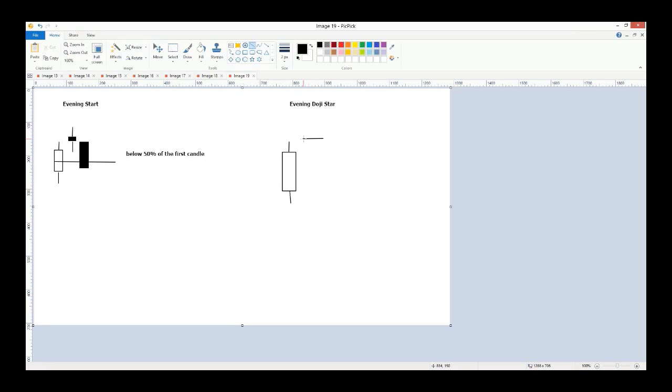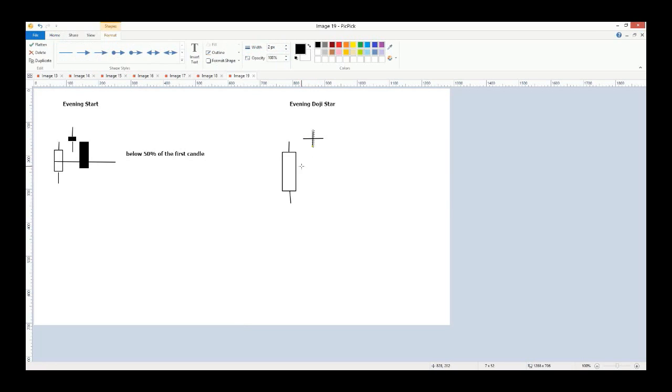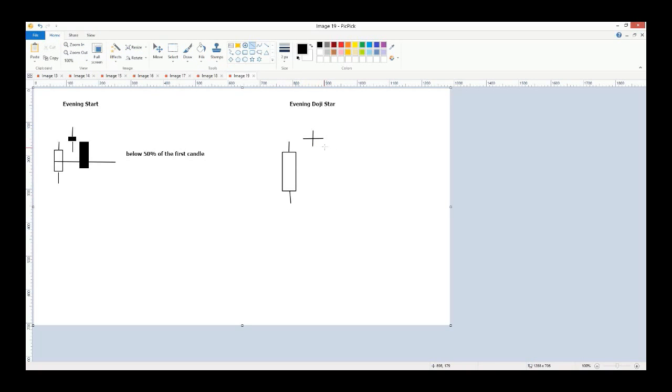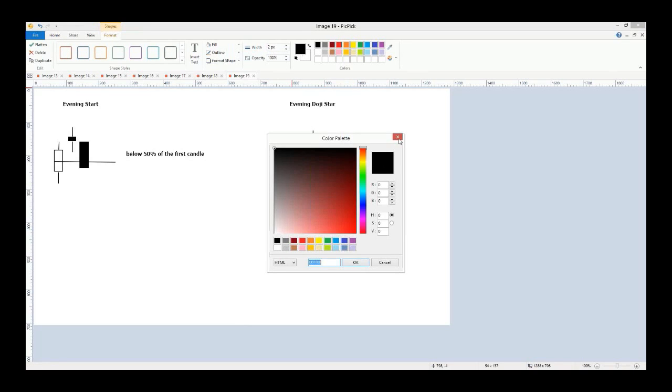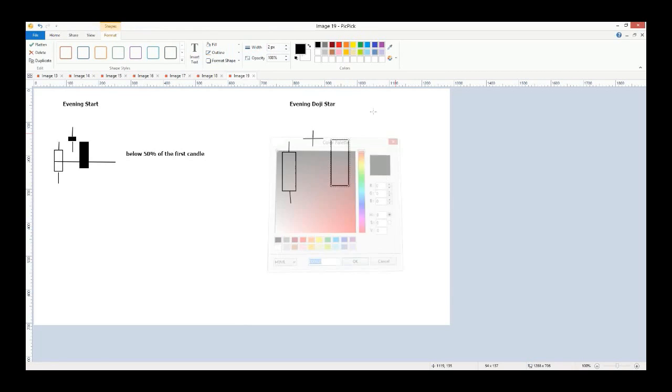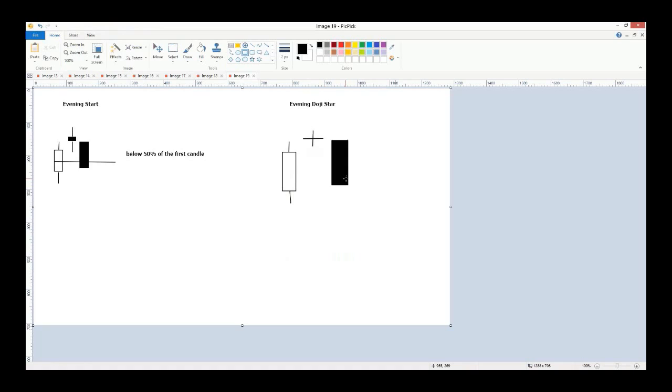So after the white candle, a doji star will be formed, and following the doji star, we might see a black candle formation, which completes the formation and suggests that the bears will gain momentum in the following trading sessions.